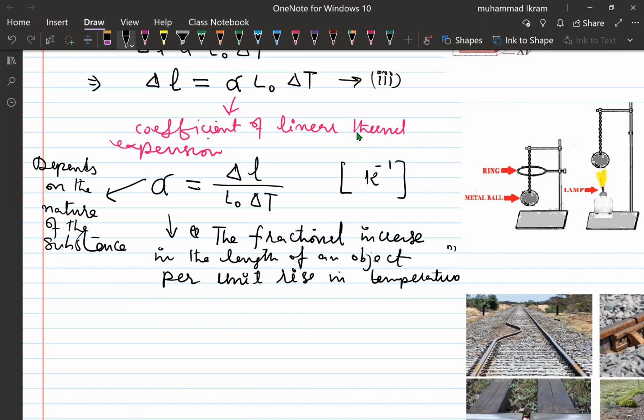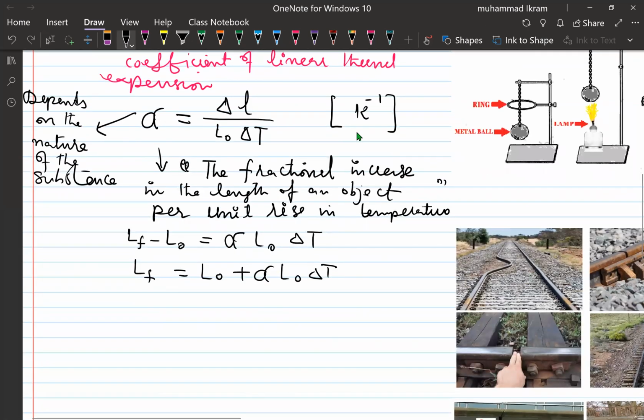Delta L is the change in length, so final length minus the initial length, which we have supposed as L naught, the original length, equals alpha L naught delta T. So the final length of an object is L naught into 1 plus alpha delta T. So if you know the original length, its coefficient of linear thermal expansion and the change in temperature, you can easily find the final length.